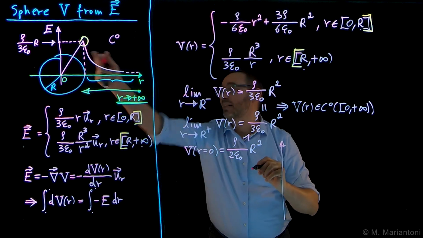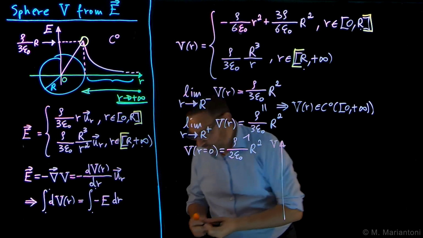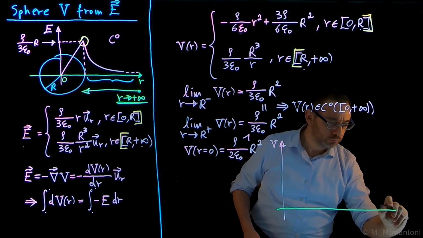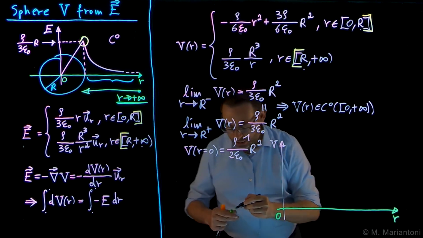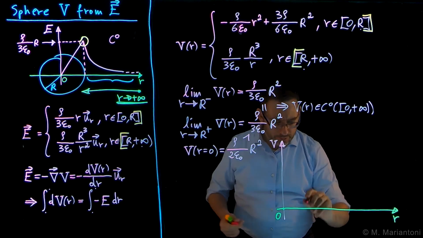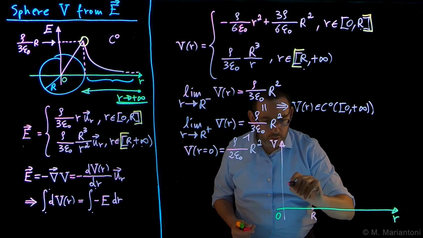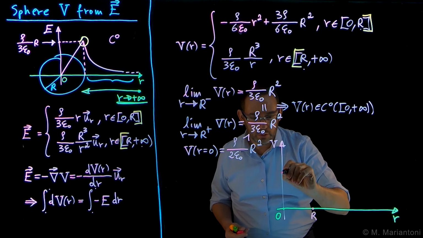there we plotted the field, here we plot the electrostatic potential V, and we want to plot it as a function of R, where this is the origin here. Well, we will find out that at this point, capital R, we will have a certain value.